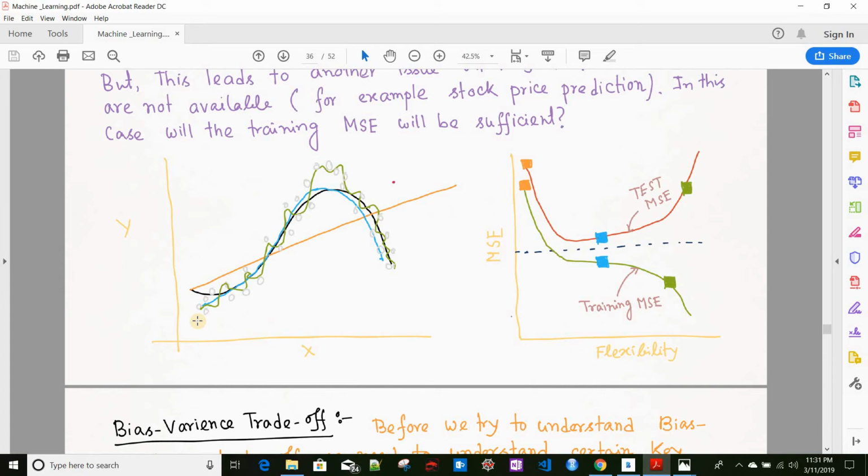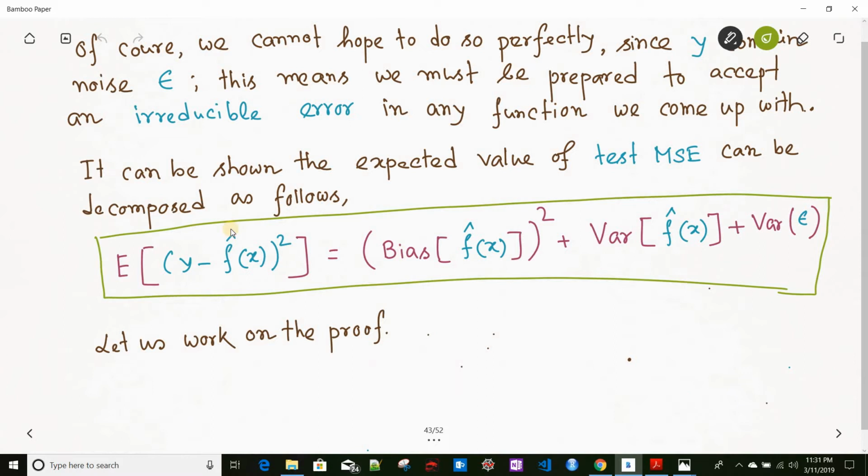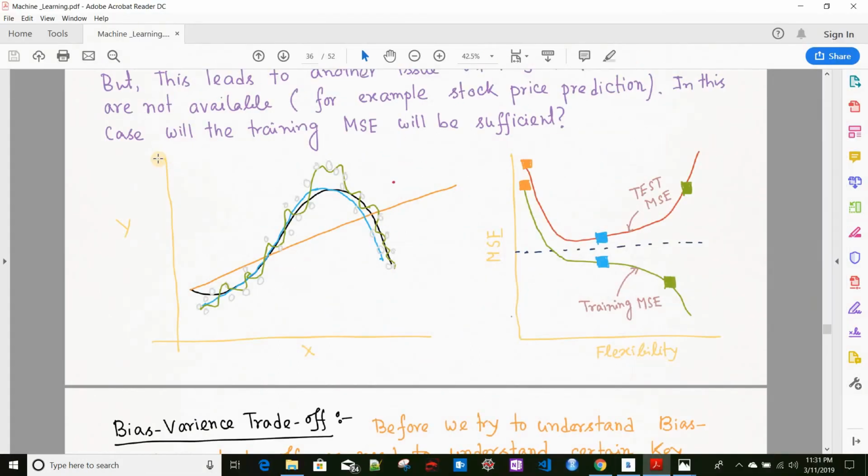Now if we think about this bias variance trade-off, we have to select the model which has less bias and less variance, because of this particular equation, where we can see our expected value of the test MSE is directly dependent on them. These two graphs are depicting this.